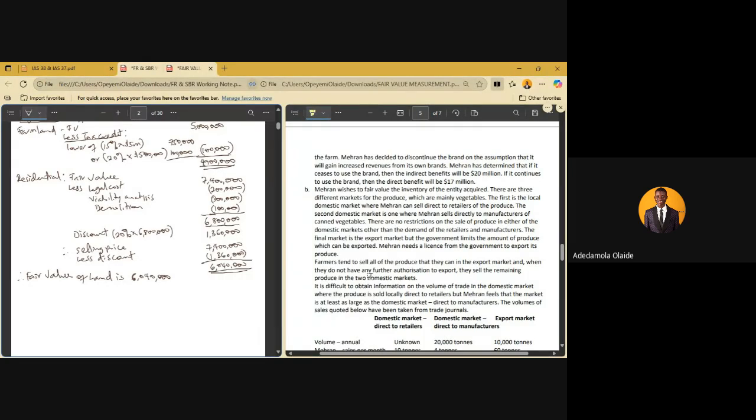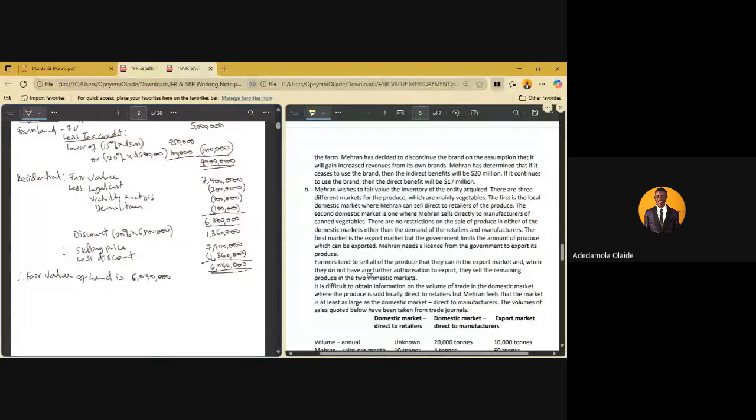The second domestic market is one where Mirror sells directly to manufacturers of canned vegetables. There are no restrictions on the sale of produce in the domestic market, other than the demand of the retailers and manufacturers.